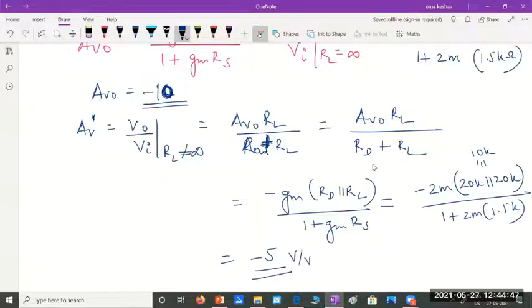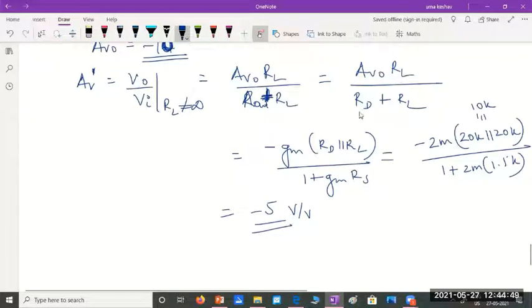You can clearly see here, since RL and RD are equal, this will be 10 into 20K divided by 20K plus 20K, which will be half. So 10 by 2, this is the same thing we are getting here also.